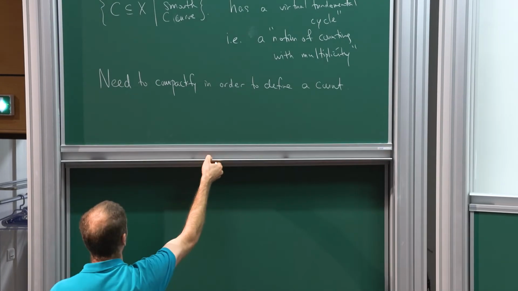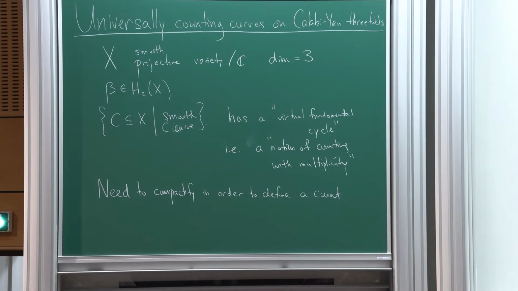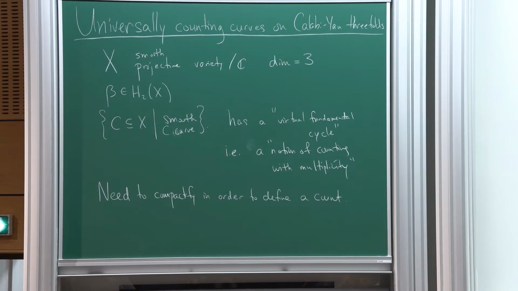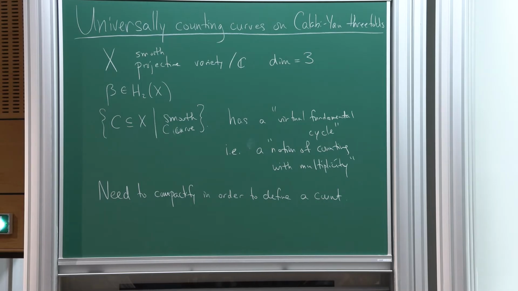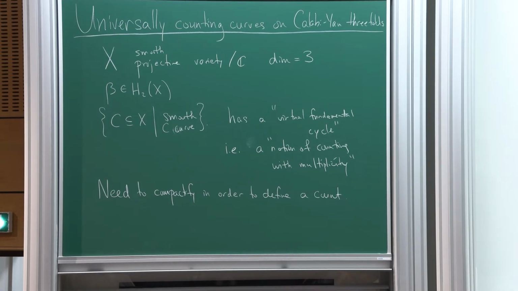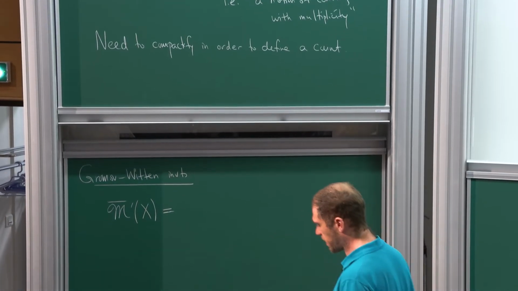And there are many ways of compactifying. So first, one might try to define Gromov-Witten invariants. These are defined using this moduli space of stable maps introduced by Maxime.